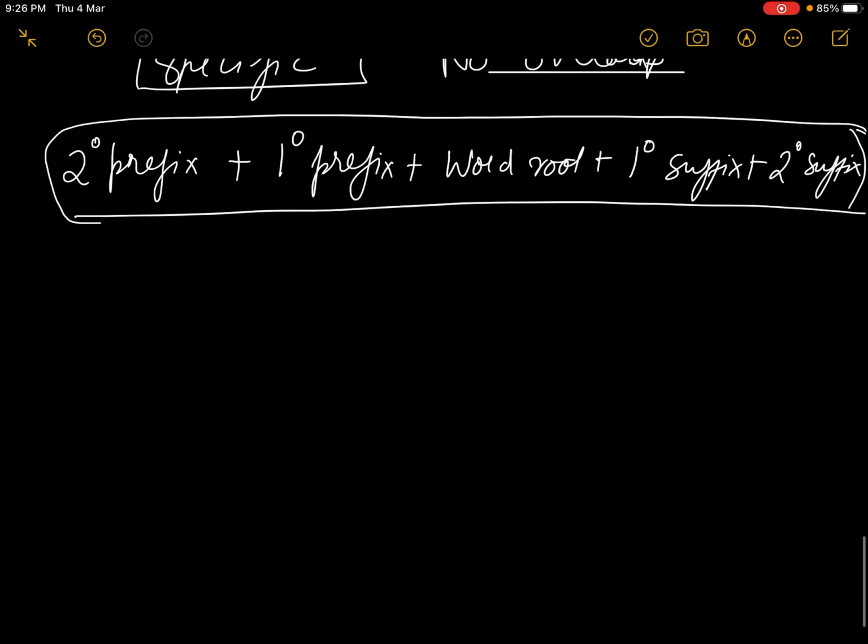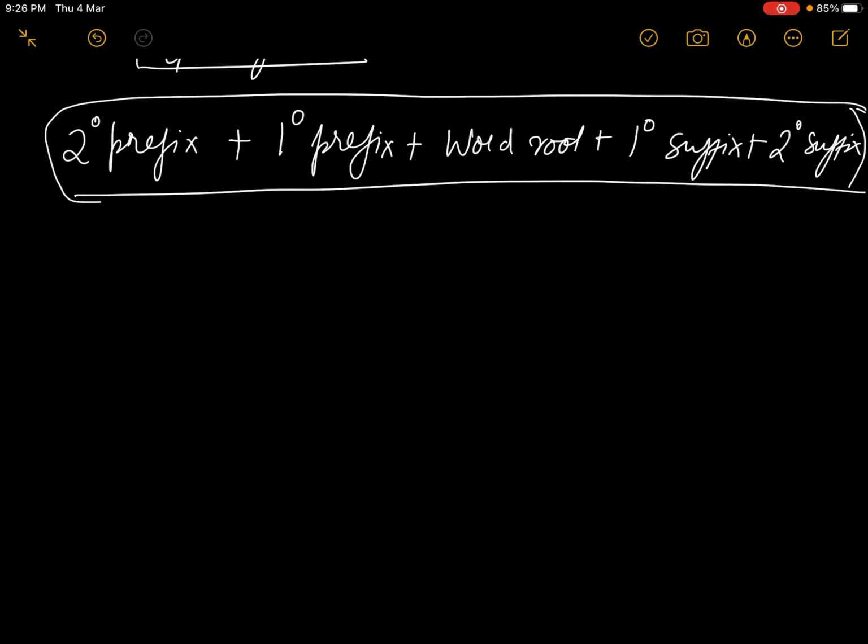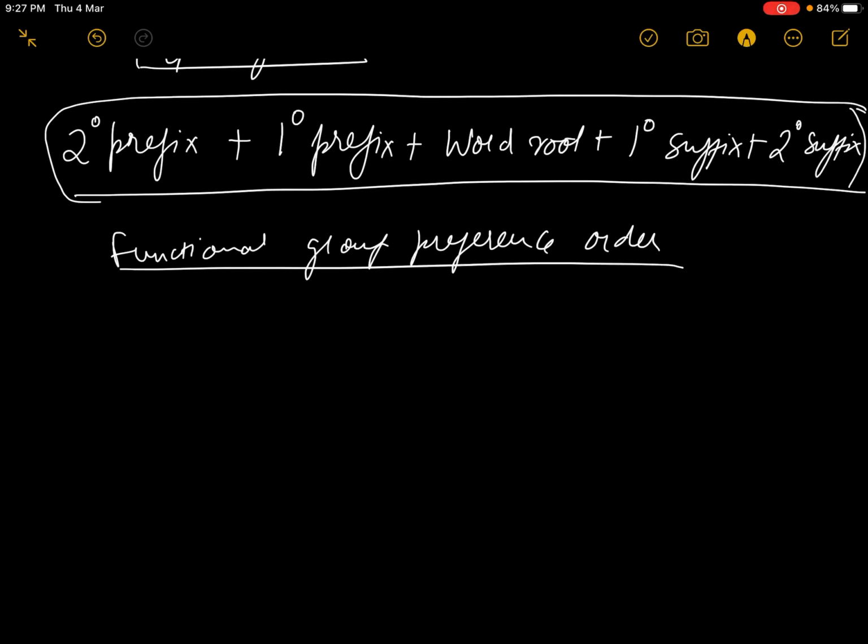Another thing you have to remember is the functional group preference order. For naming any compound, we need to assign a numbering system, and for that we need to know which group gets the numbering and more preference than the others. This is a table given by the standard system.